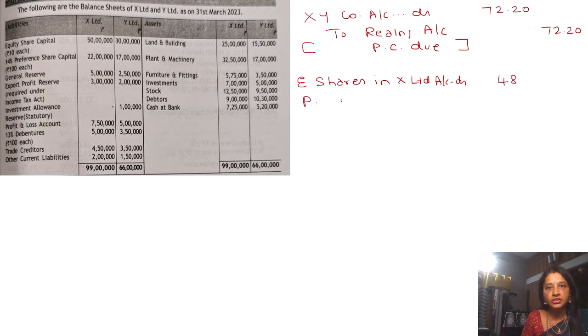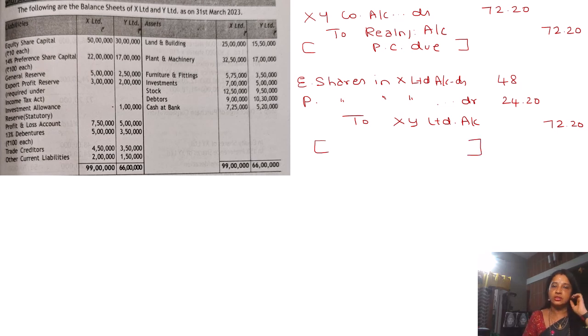Then preference shares in X Limited account debit. How many preference shares were given? 24 lakhs 20,000, to who gave? XY Limited. XY Limited account total 72 lakhs 20,000. So being PC received.